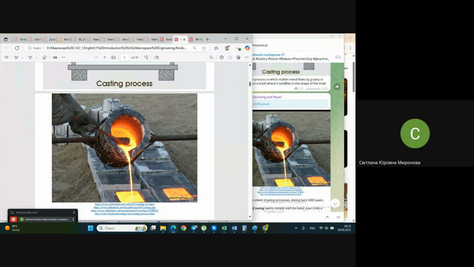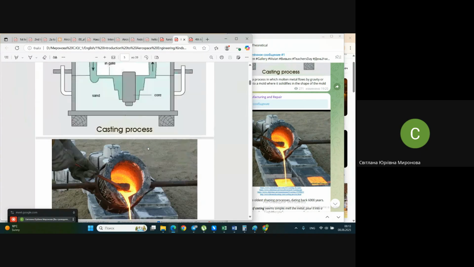Practically like this, besides two processes like centrifugal casting and casting under additional pressure. So the process is quite the same. All these names, all this classification, appeared due to different approaches of mold manufacturing, mold making.